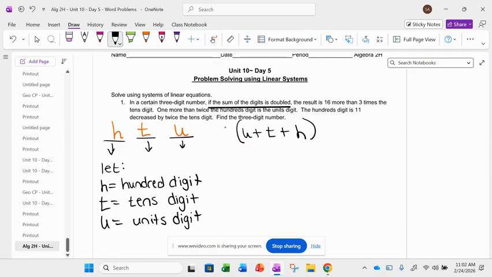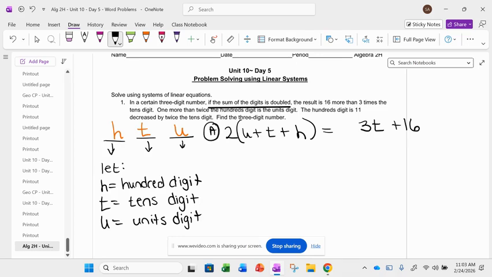Take that sum and multiply it by 2. The result is, so equals, 16 more than, that's a plus 16 at the end, 3 times the tens digit, 3T. That is my first equation.